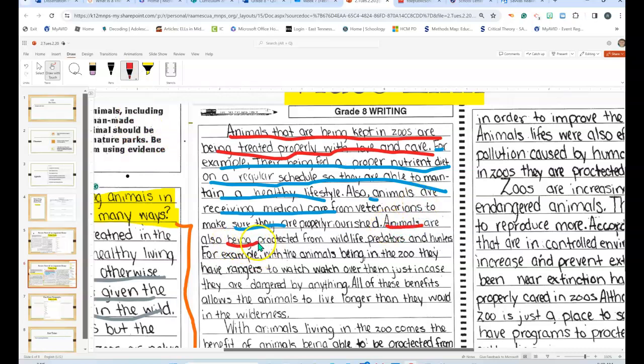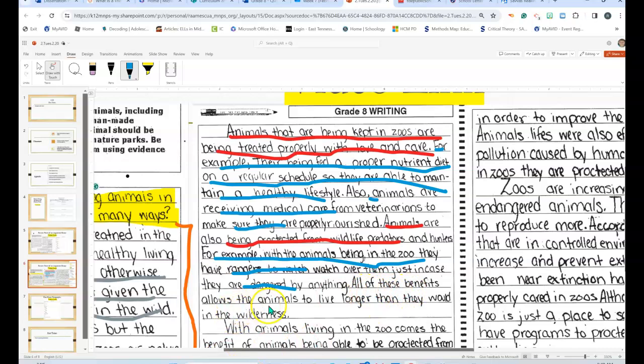Animals are also being protected from wildlife predators and hunters. Then the student says, for example, now I know some more evidence is coming. For example, with animals being in the zoo, they have rangers to watch over them just in case they are endangered by anything, okay? Again, not perfect as far as grammar, but we're looking for a strong argument, so don't stress, right?